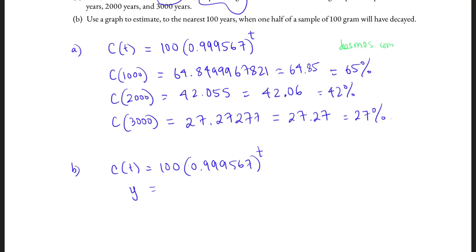But this second equation is half of the initial amount. The initial amount is 100, and half of it would be 50.